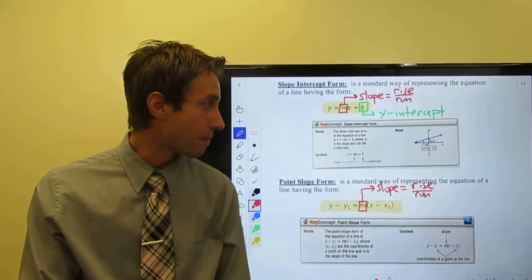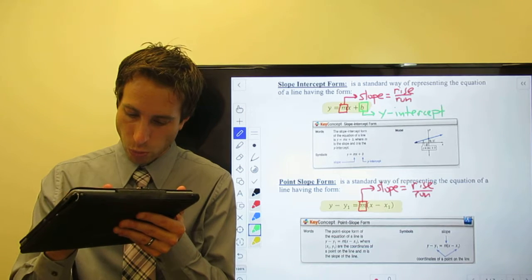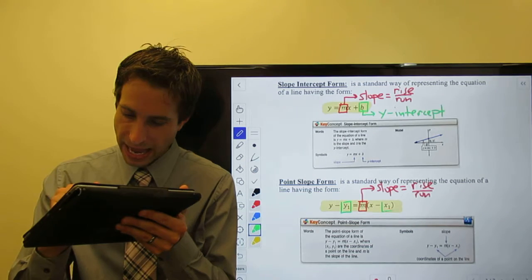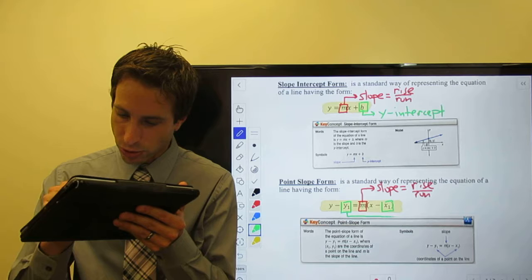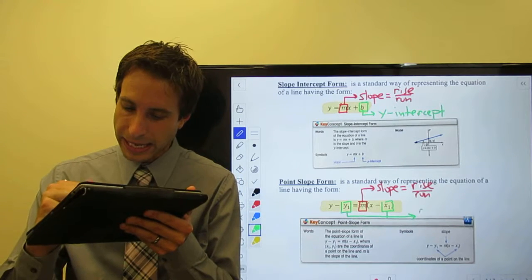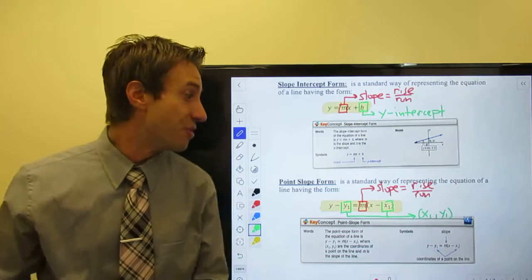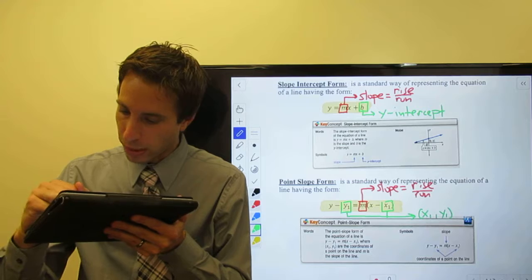It's going to be right there. But in this form, there are two things you've got to watch out for: y1 and x1. If you take those two and put them together, what you get is a point, x1, comma y1. This is a point.